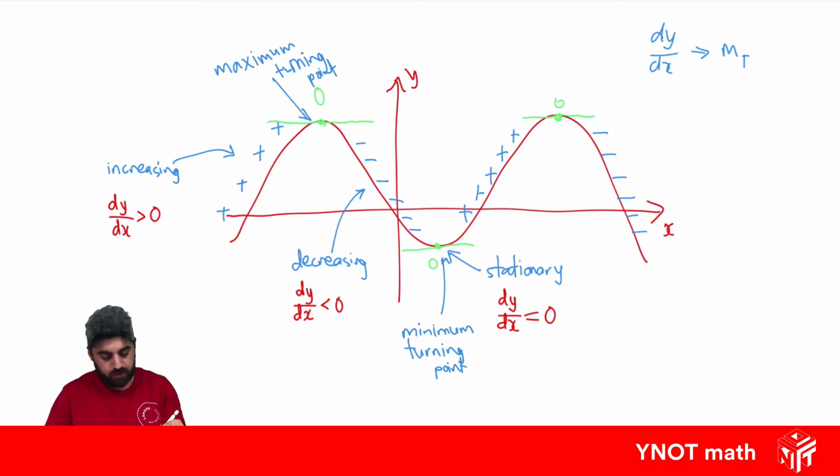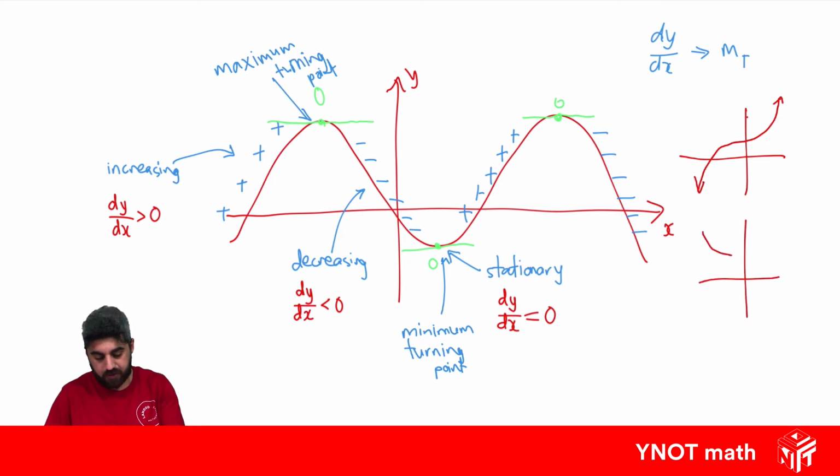We can have two other types of stationary points, which will look something like this. One will look like that, very similar to our cubic function. And another one will look like that, where right in the middle there, the gradient is actually 0. Both of those are called horizontal points of inflection.